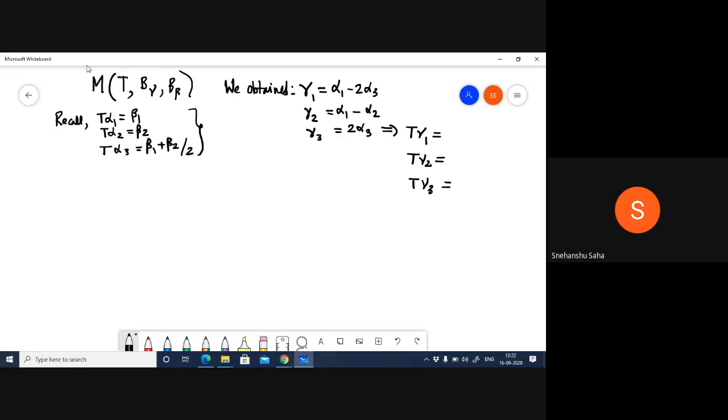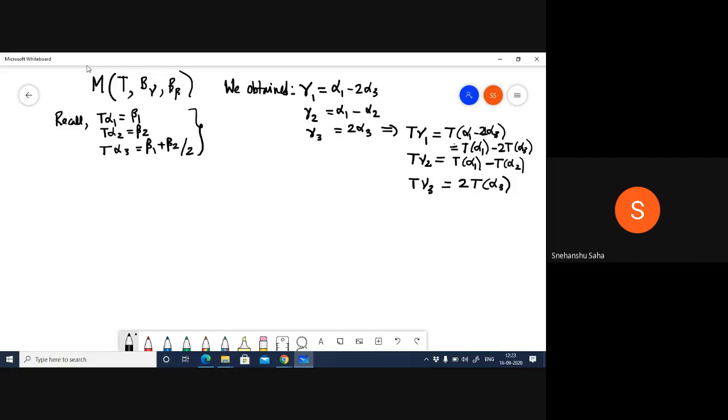So let's see what this gives us. This is nothing but the transformation applied on this, and by virtue of the properties of linear transformation, T of gamma 1 is T of alpha 1 minus 2 times T of alpha 3. T of gamma 2 is T of alpha 1 minus T of alpha 2. And T of gamma 3 is 2 times T of alpha 3.